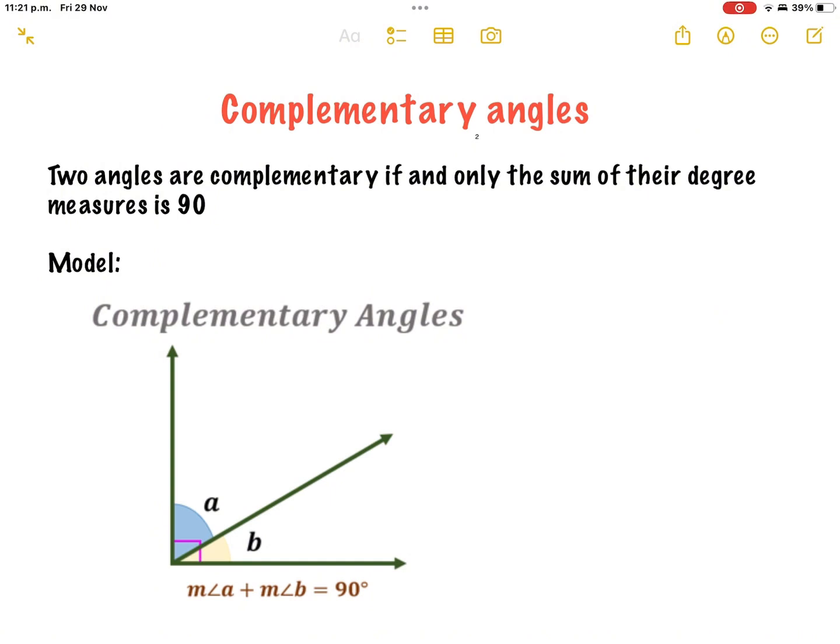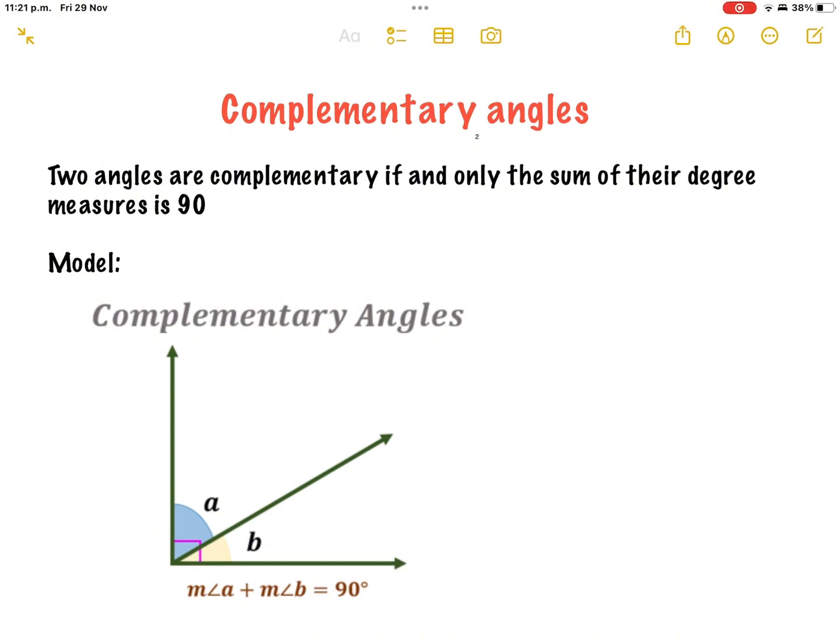They can be separated or not have sides in common. It's just that their degree measures add up to 90 degrees. These angles are mostly found on the right angle that is being intersected with a line.